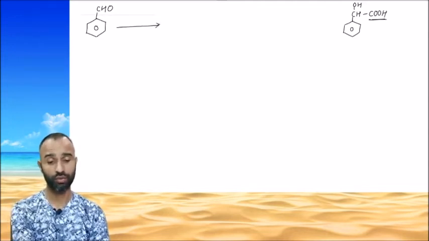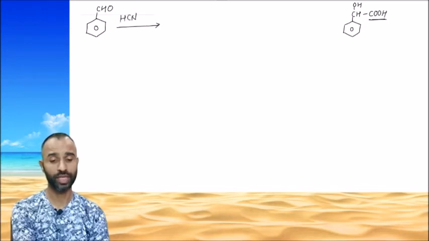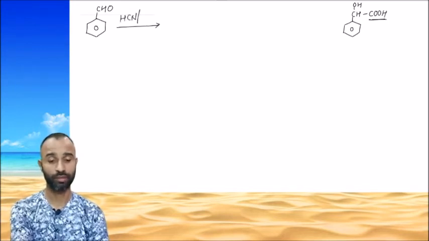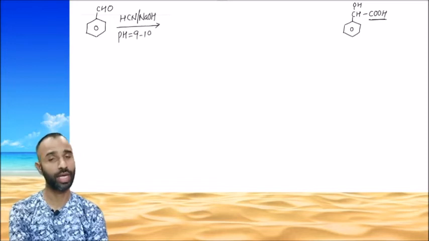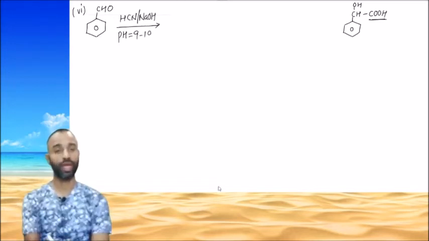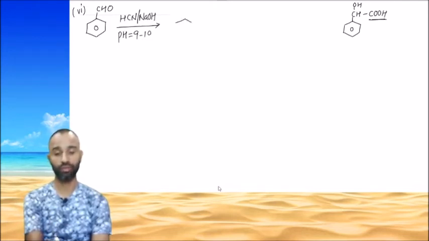So what we do, we can use HCN in the presence of NaOH. pH should be 9 to 10. HCN and NaOH in basic medium, because HCN is a weak acid, so to get cyanide we will use basic medium. So in this way we get CH(OH)CN.